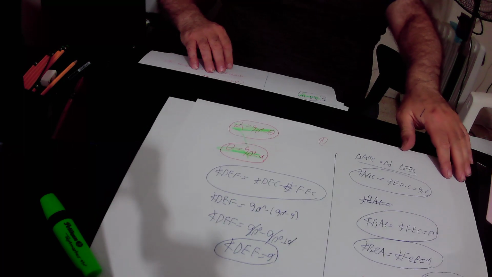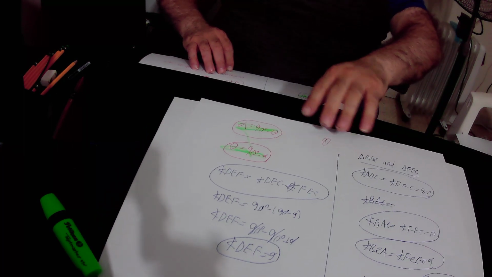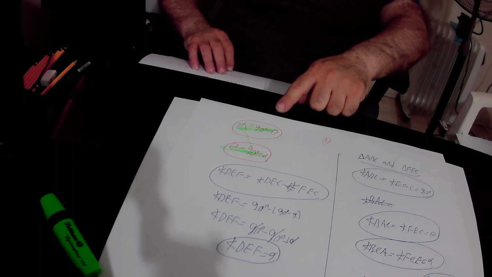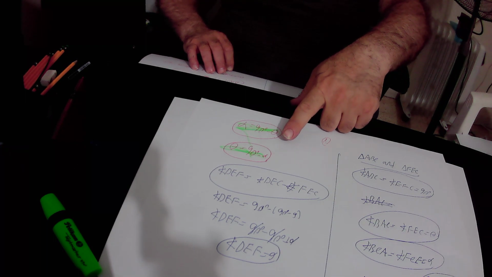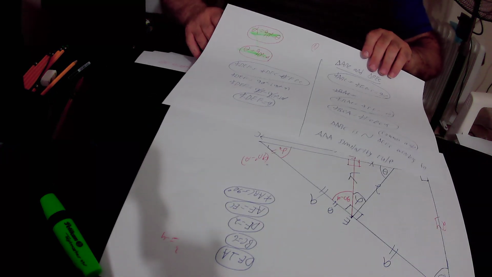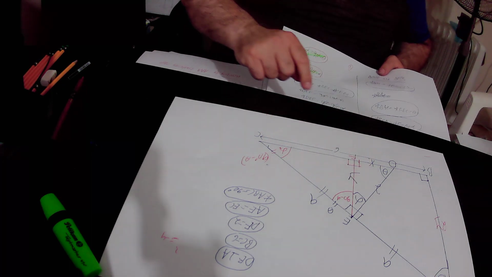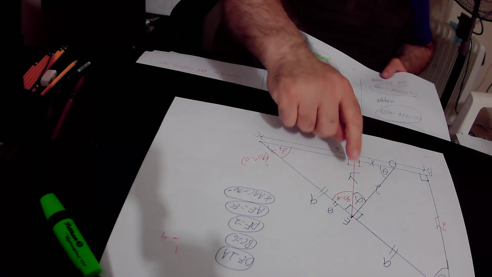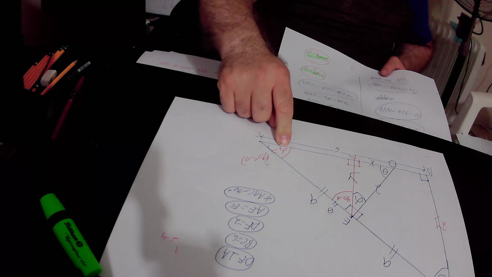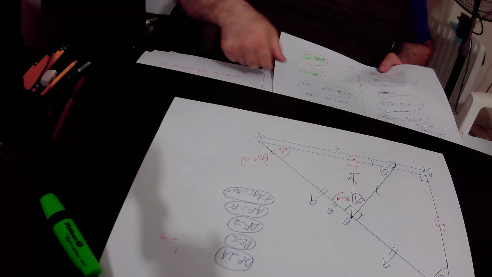Here we added theta to this equation and subtracted alpha, and we found out that theta equals 90 degrees minus alpha. Then we found out the size of angle DEF. In triangle FEC, if this angle equals alpha, then this angle must equal 90 degrees minus alpha.